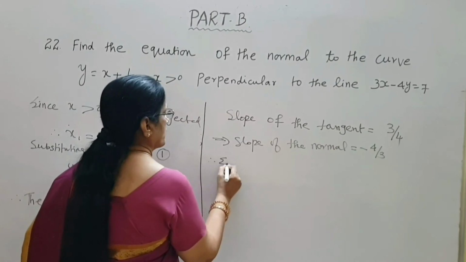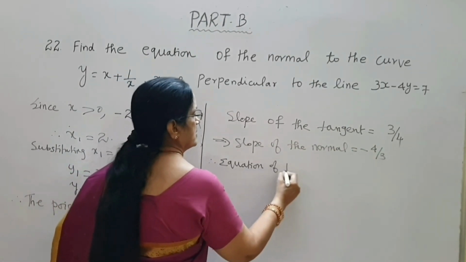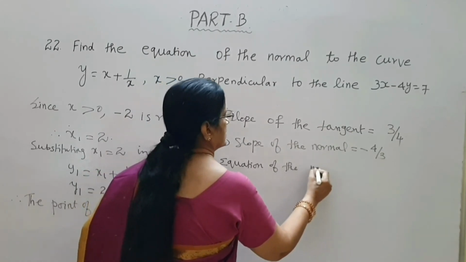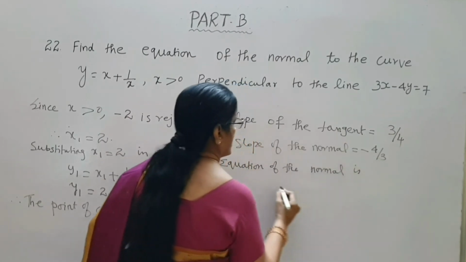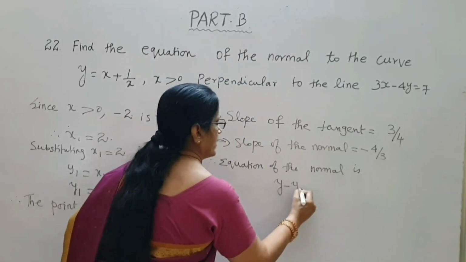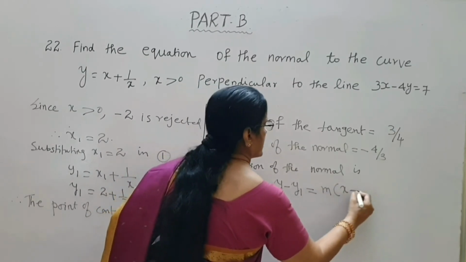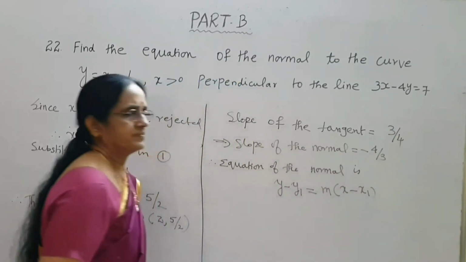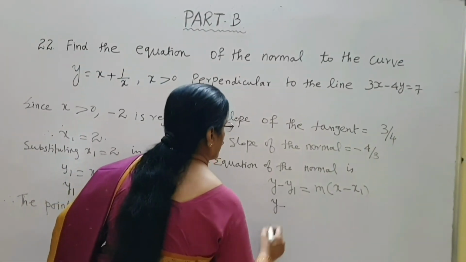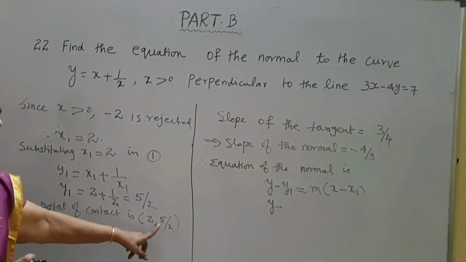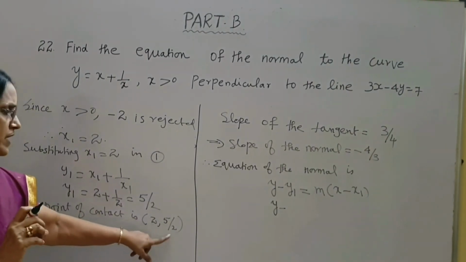Therefore, equation of the normal is y minus y1 is equal to slope into x minus x1. Here the point is the point of contact, (2, 5 by 2).